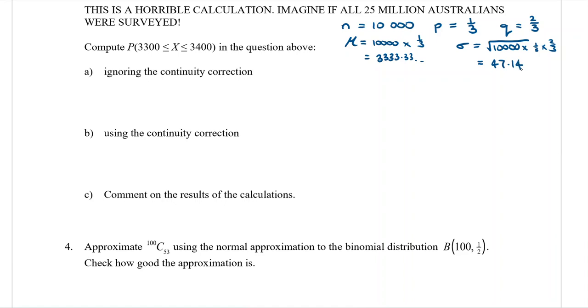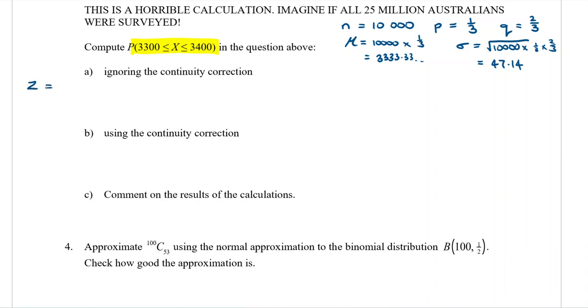Okay, so ignoring the continuity correction, I just need to change these numbers into z-scores. So we don't really have a lot of room there for formula, but maybe I'll put the first one over here on the side.